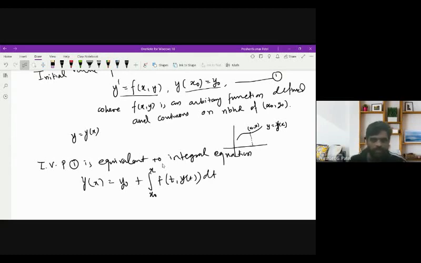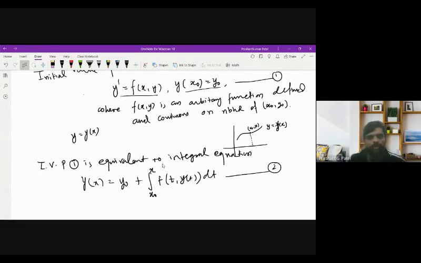How can we achieve this? We achieve this just by the fundamental theorem of calculus. If you integrate both sides of equation 1, you have the integration of the derivative dy by dx, and since I am integrating from x0 to x, you will get such a thing, replacing the dummy variable x by t. So both equation 1 and equation 2 are equivalent.